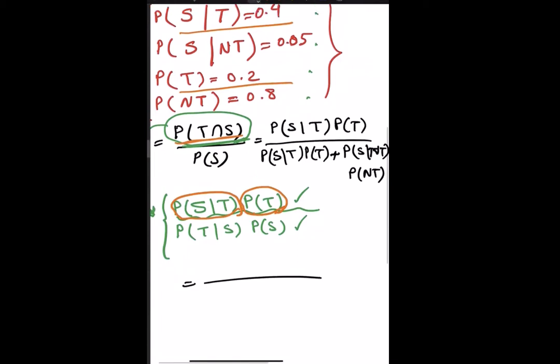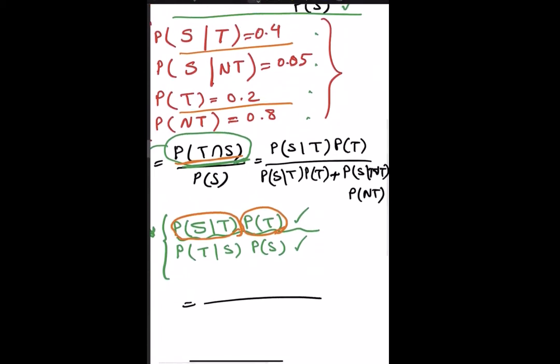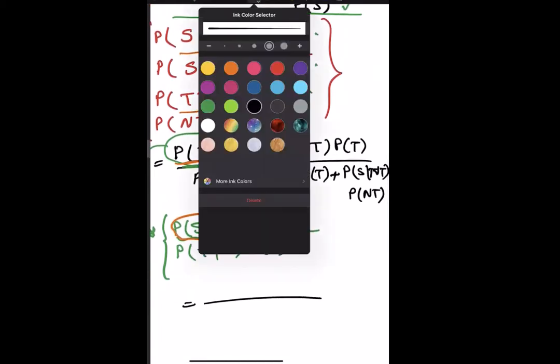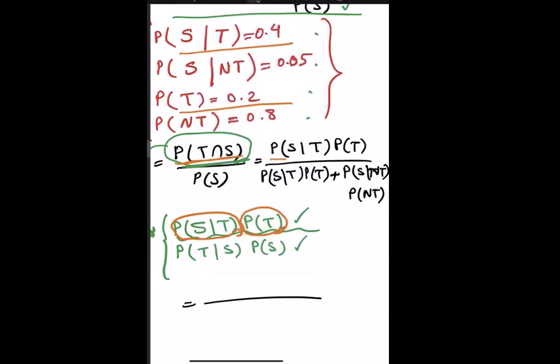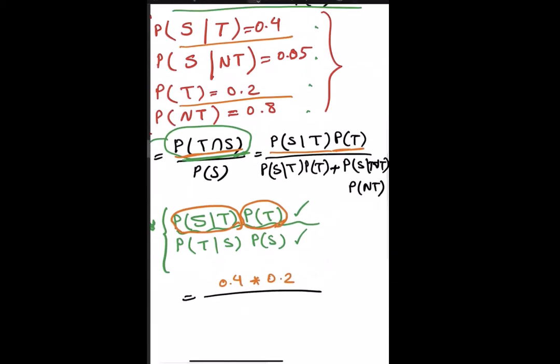So now, how can I write this? What is the numerator? Probability of S conditioned on T, 0.40. What is the probability of an order having a tent? 0.20. Okay, and the denominator: this part is similar to the numerator.